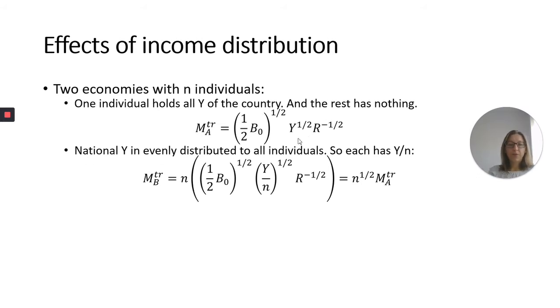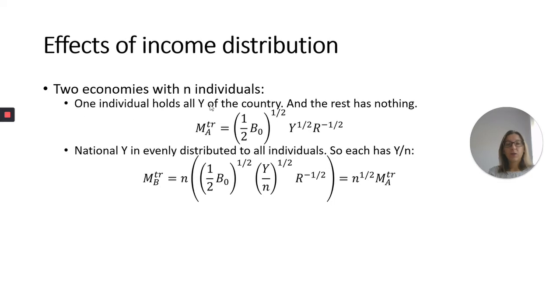And so we can find, right, what we derived, this is the transactions demand for money for the particular person. So we can write it and multiply by the number of citizens in the country in order to find out the total transactions demand for money.